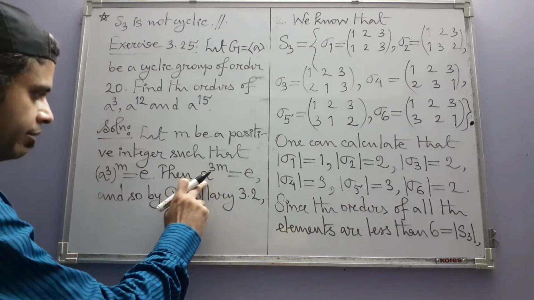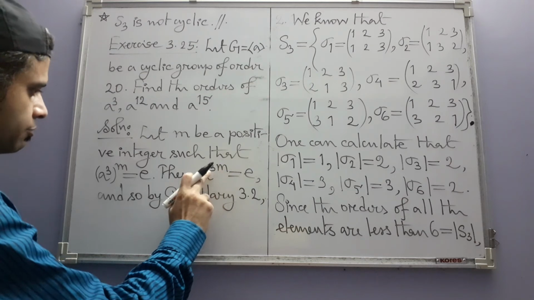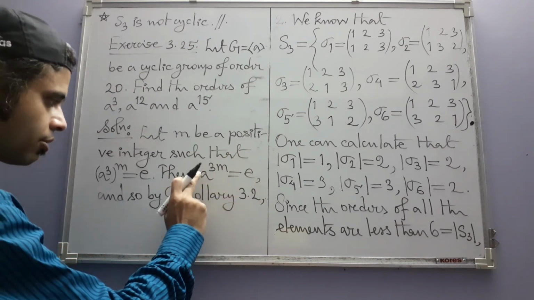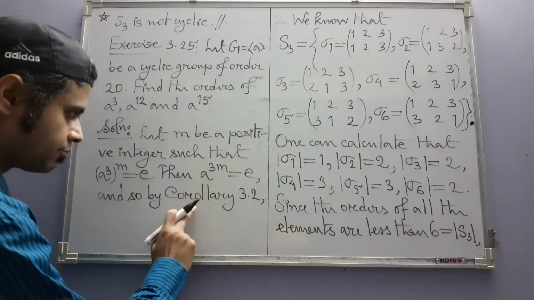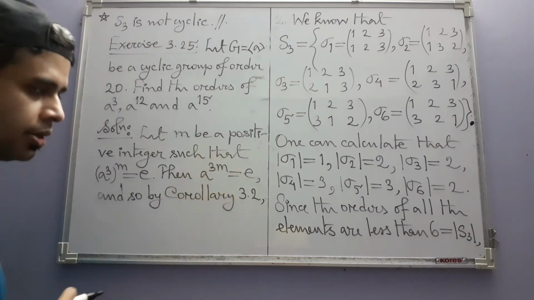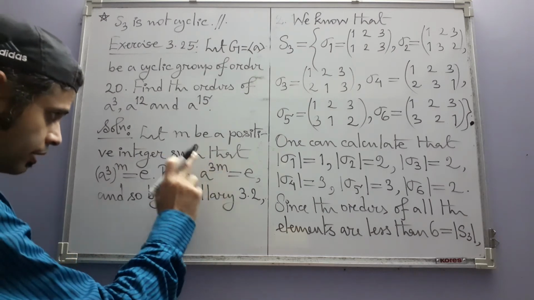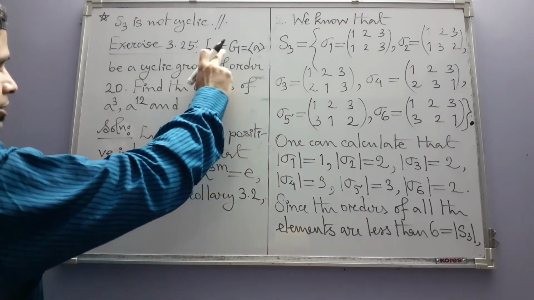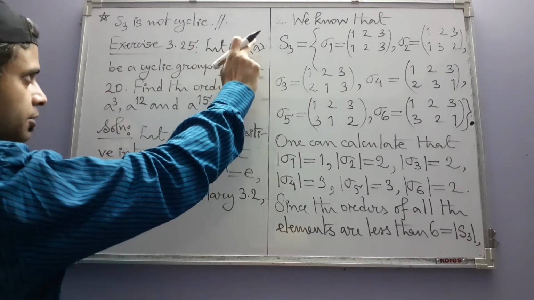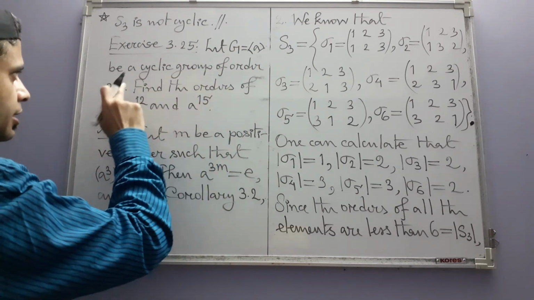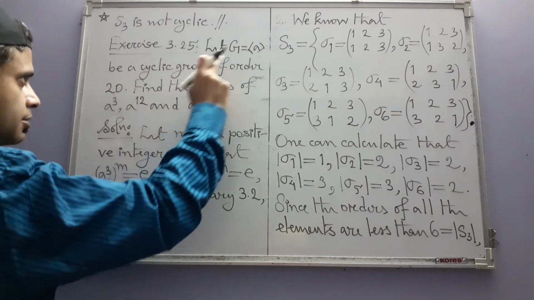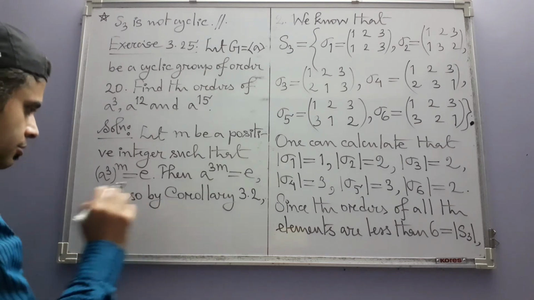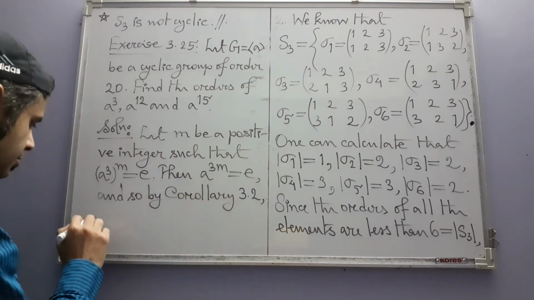It says that if some power of A gives you the identity and you already know the order of A, then the order of A has to divide that exponent. The exponent will be divisible by the order. Now here it's given that G is a cyclic group generated by A and G has order 20. So that means the element A itself must have order 20. So by this corollary we get this.